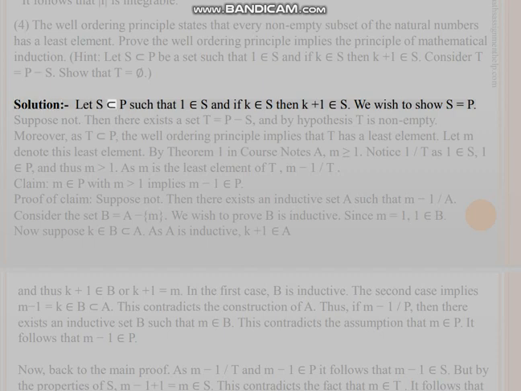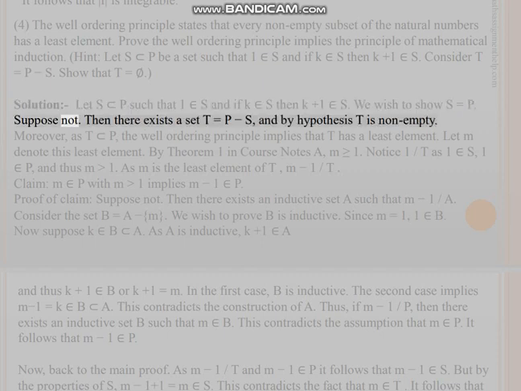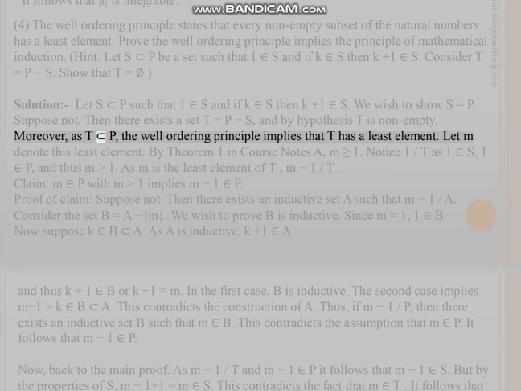Solution: let S be a subset of P such that 1 is an element of S, and if K is an element of S, then K plus 1 is an element of S. We wish to show S equals P. Suppose not. Then there exists a set T equals P minus S, and by hypothesis T is non-empty. Moreover, as T is a subset of P, the well-ordering principle implies that T has a least element.